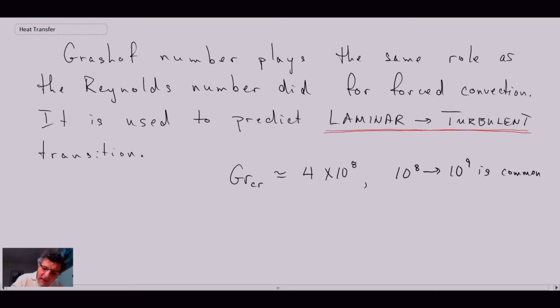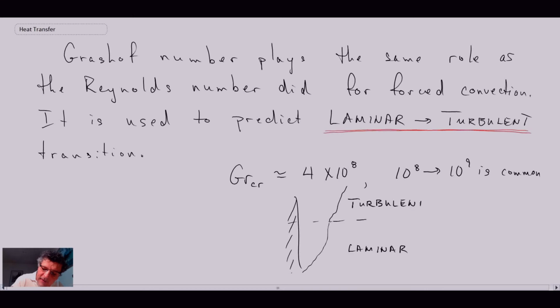And recall what that means is that if we have our vertical flat plate here, we can have a laminar boundary layer, and then when we hit the transition point, the boundary layer will grow at a higher rate. It would go through a transition process, and so here we would have laminar, and then up here would be turbulent.